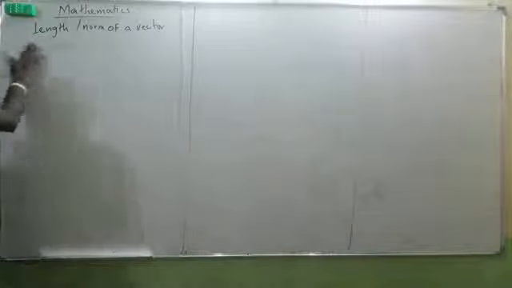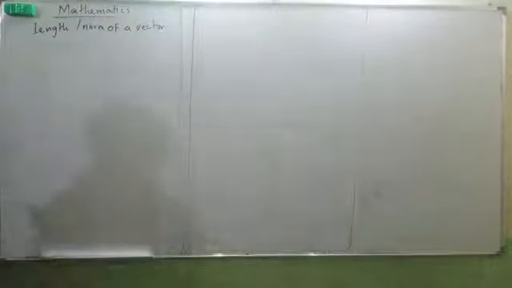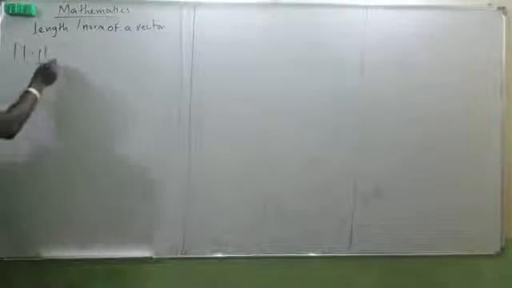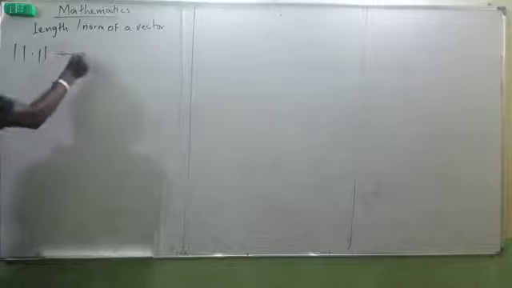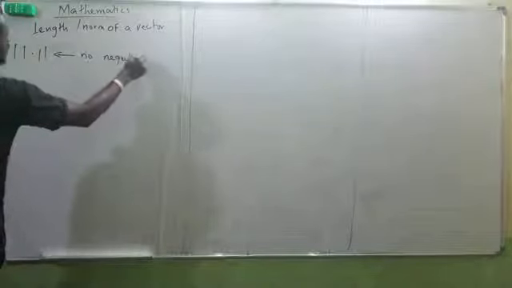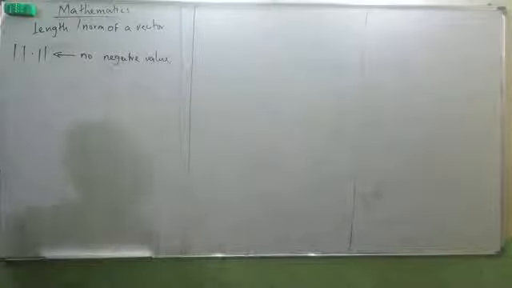When you hear the word length or norm of a vector, just put it at the back of your mind that it's related to the magnitude of a vector. That is very, very important. This is called norm. We call it non-negative value. Please take note of that non-negative value. That is what we mean.